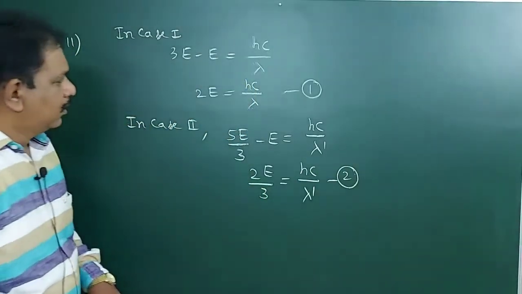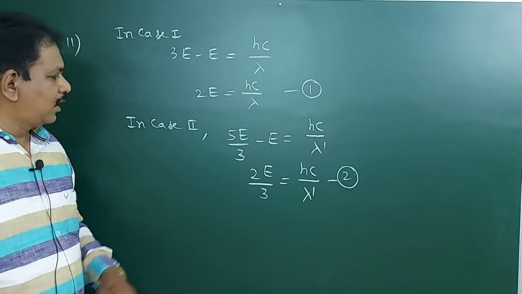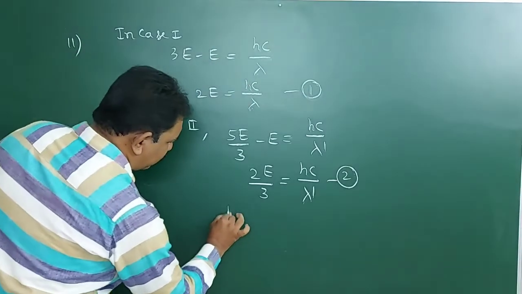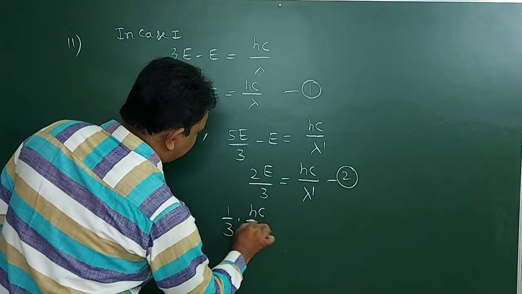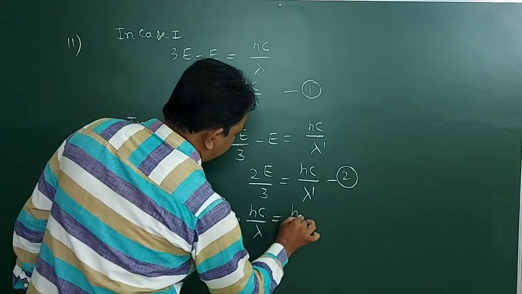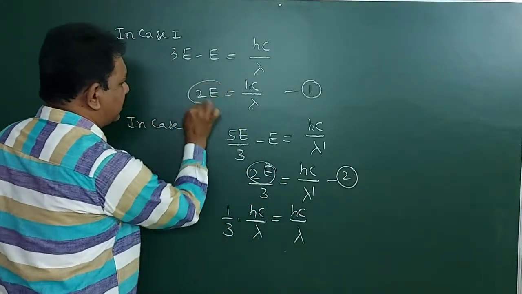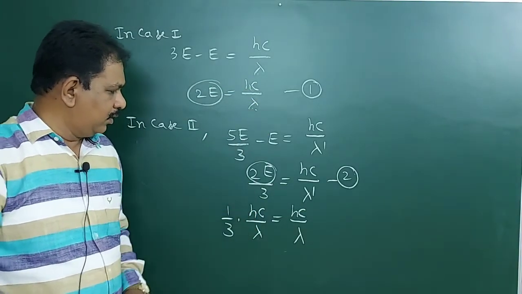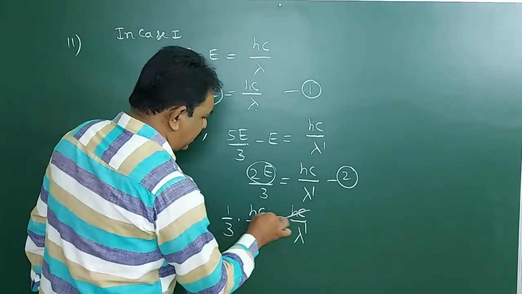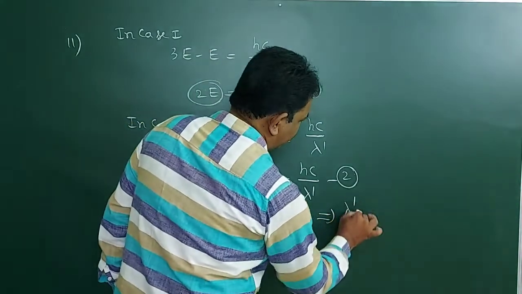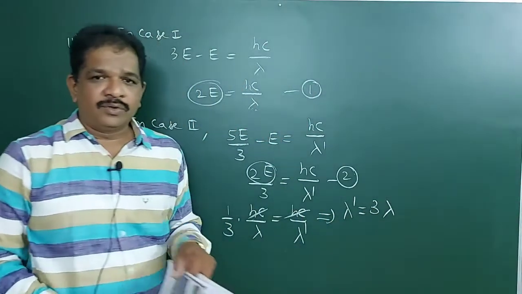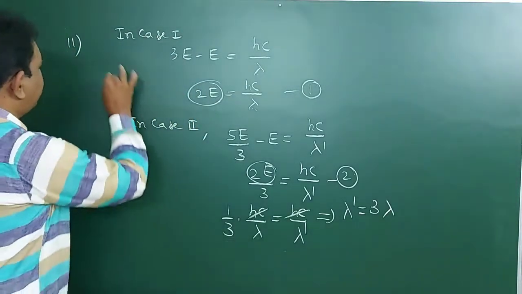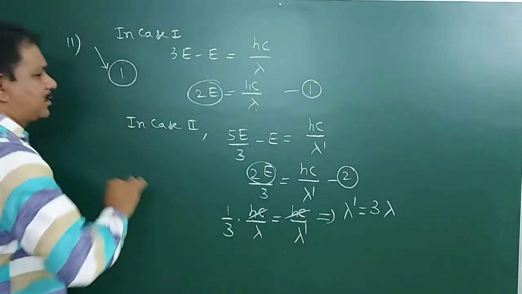You divide by 2, or in the place of 2E, you write this hc by lambda. So 1/3 into hc by lambda is equal to hc by lambda dash. Here 2E is there, no? This 2E value I substituted. 1/3 into 2E, this is lambda dash. hc will cancel. Lambda dash is equal to 3 lambda. The 11th question will be the first option.